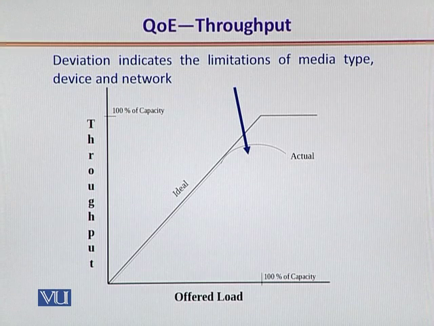But we see that there is a breakage point. It's called the rupture point, which is kind of deviation from the ideal behavior of the network to a more practical one. This deviation occurs because the transmission media under consideration may not be perfect.